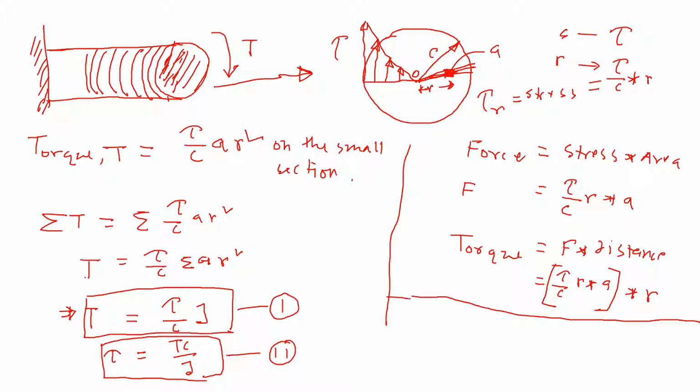Now we know that J, the polar moment of inertia, for a circular section is J equals pi d to the power 4 by 32.